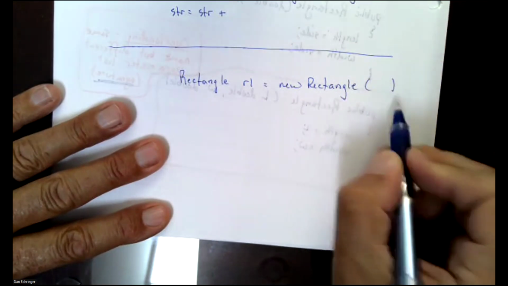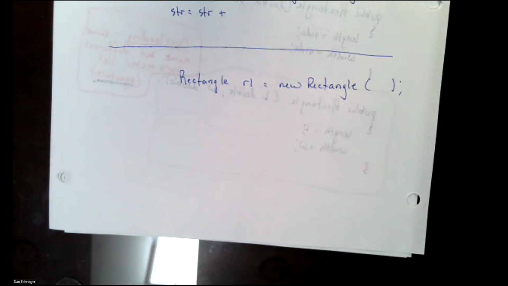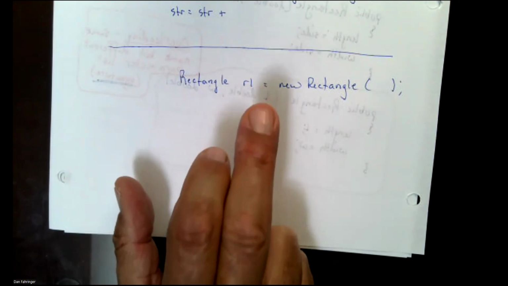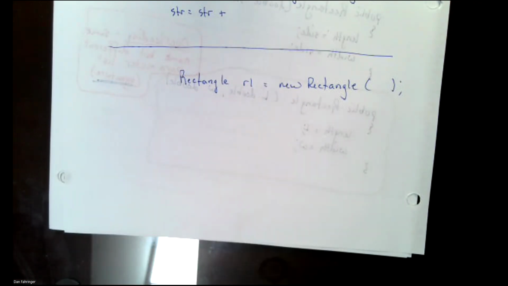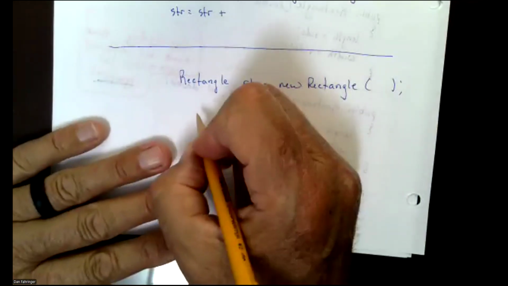Oh, and I'm using the default constructor. There are no parameters in there. Now, you know that when I create this, R1 has a length, a width, and all of that. Well, what if I said to you this?